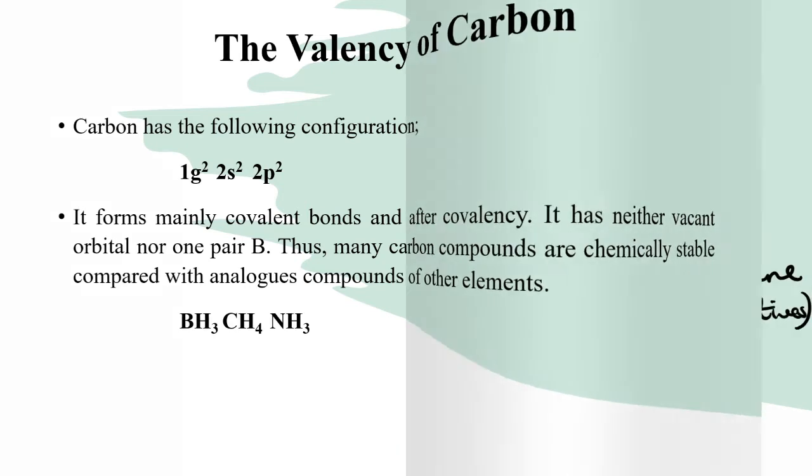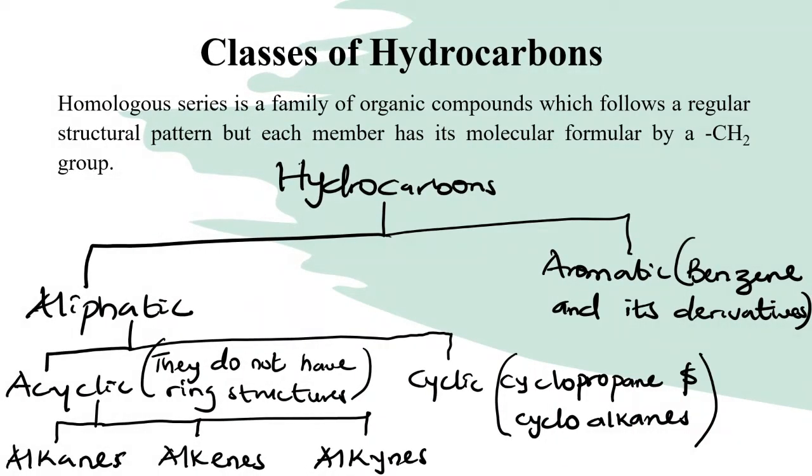Hydrocarbons are classified into two main classes. We have the aliphatic and the aromatic hydrocarbons. The aliphatic may be acyclic or cyclic. In acyclic hydrocarbons, the carbon chain is straight or branched, e.g., we have alkanes, alkenes, and alkynes.